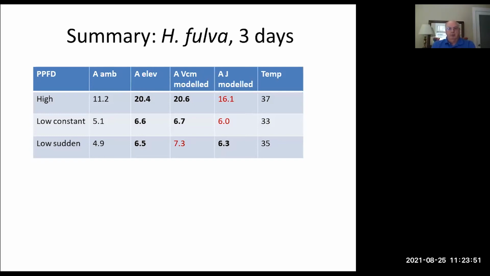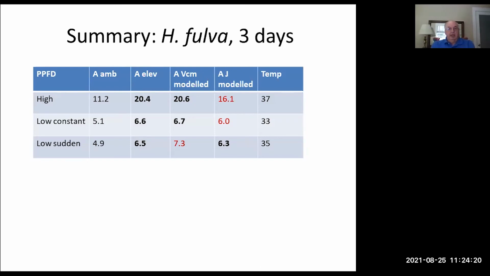And that's very well predicted from the rate measured at ambient, if you assume that the rate at 600 parts per million is still going to be limited by Vcmax. So 20.4 versus 20.6 is a really good prediction. If we had assumed that electron transport were limiting, then we would significantly underestimate assimilation rates at the high CO2.